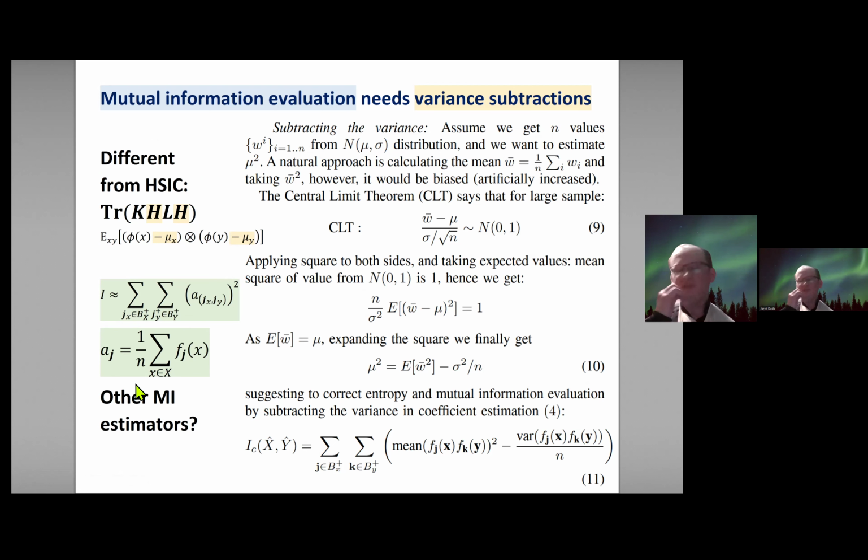The question is how to estimate the square of an average. It seems simple: just estimate the average and take the square. But this is wrong. If you take a closer look, we should take the average of the squares, and then we need to subtract the variance. If you don't do it, you get an overestimation of mutual information. So this is an important correction, very subtle, similar to this subtraction of the mean.